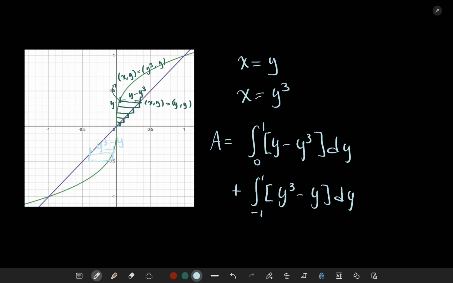All right, so when you're doing horizontal rectangles, you go from right to left. One single rectangle would look like that, with a dy, and that allows you to set up your integral. Technically it's a delta y, but just so you can see where things come from, the area of this one rectangle would be y cubed minus y times dy.